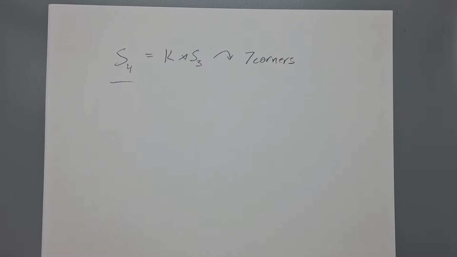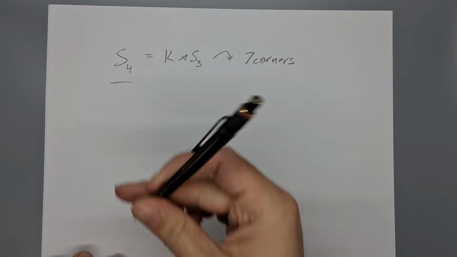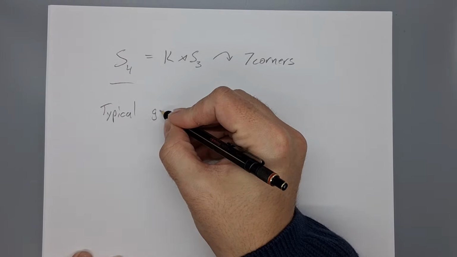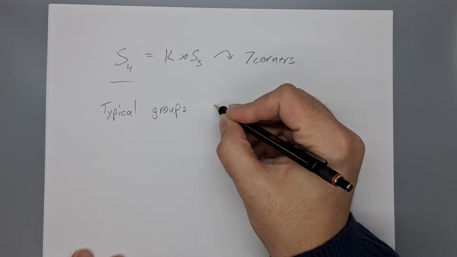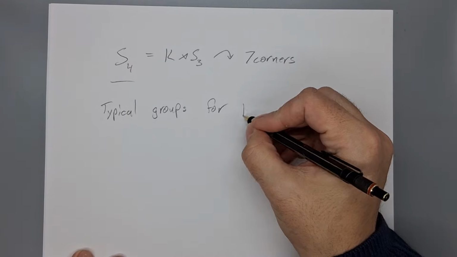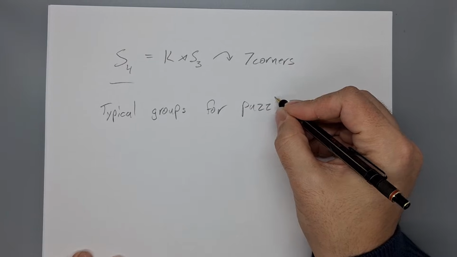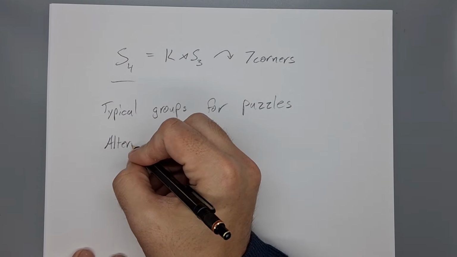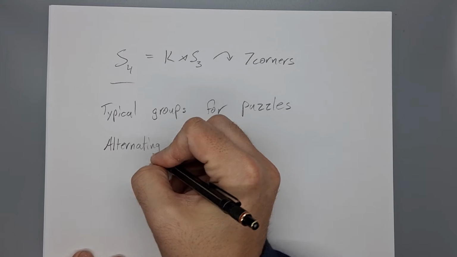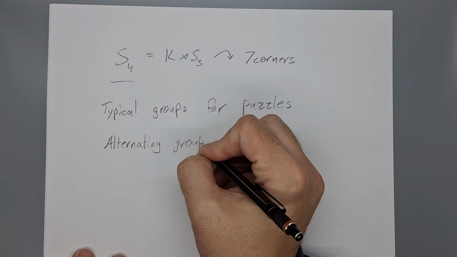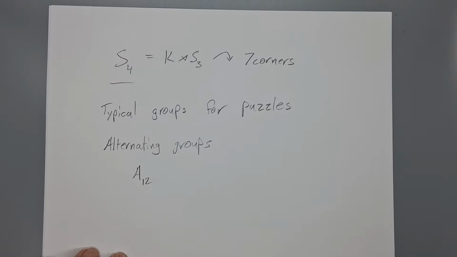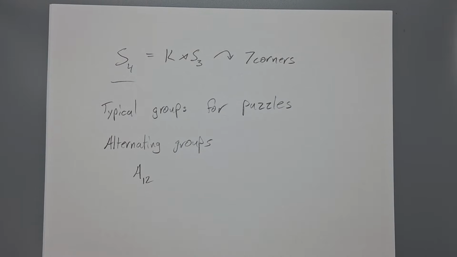This is something called the alternating group. So typical groups for puzzles, you'll see a bunch of alternating groups, stuff like A12, the alternating group on the 12 edges of a Rubik's Cube.